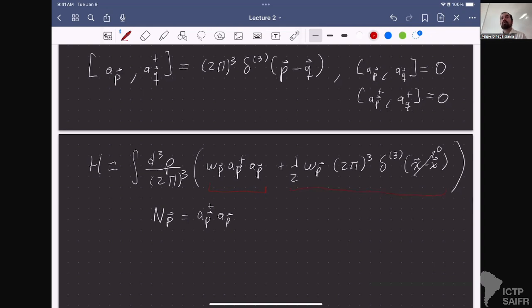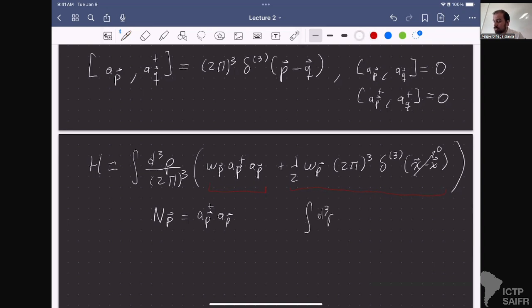If you remember in the harmonic oscillator, we have a non-zero energy for our ground state that appeared in the Hamiltonian. And this would be the equivalent here. However, if you notice carefully, this is basically a divergent term.